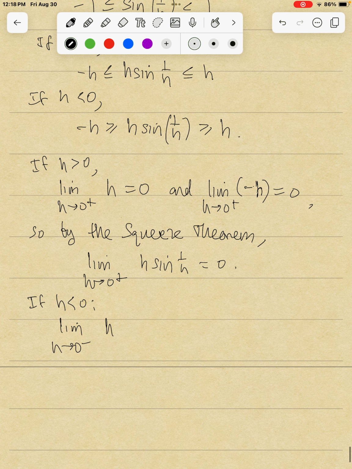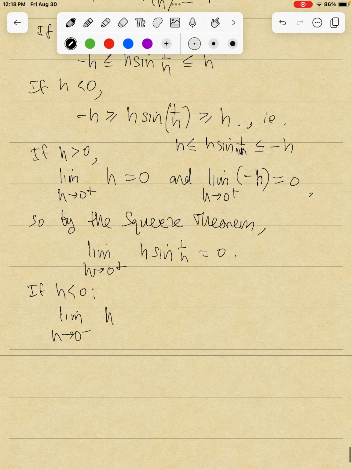And now let me just rewrite this inequality. h is less than or equal to h sine of 1 over h, which is less than or equal to negative h. So we can take the limit of each of these from the left.